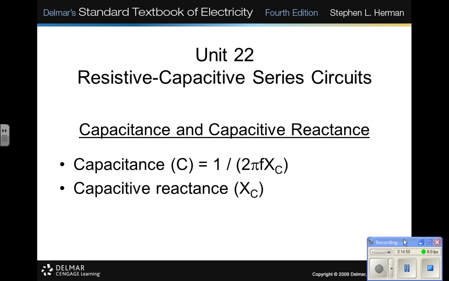Now, it's saying the capacitance is equal to 1 over 2 pi f x sub c. That's not the formula we had before, is it? We had x sub c is equal to 1 over 2 pi f c, didn't we? Yeah. So we can exchange them, just like 1 a over b is equal to c, and we can exchange our b and our c.